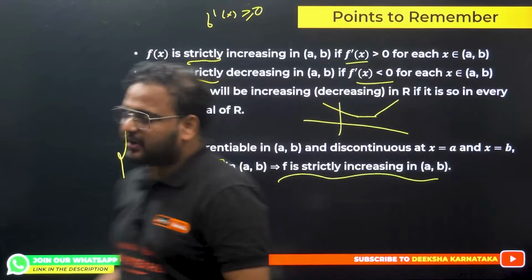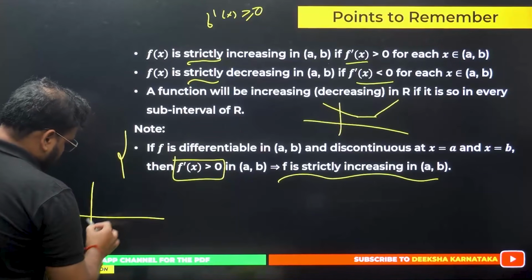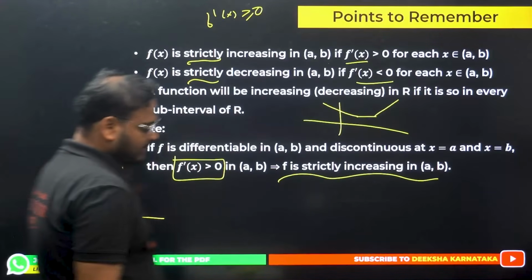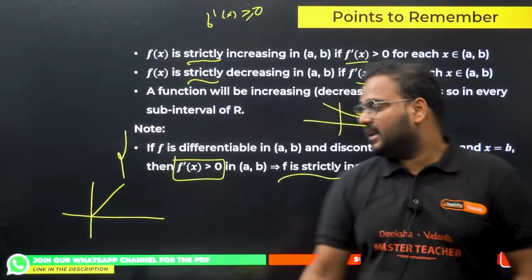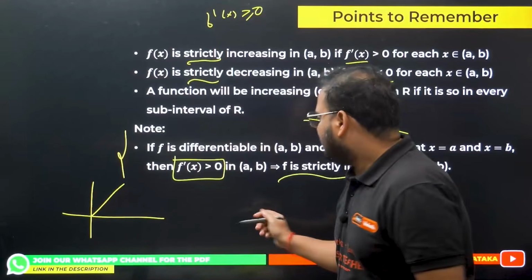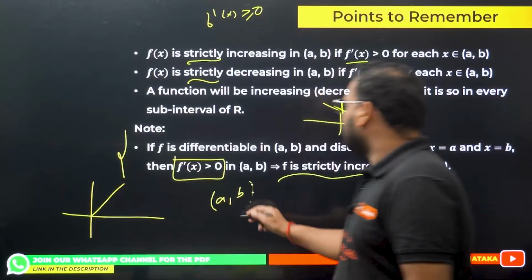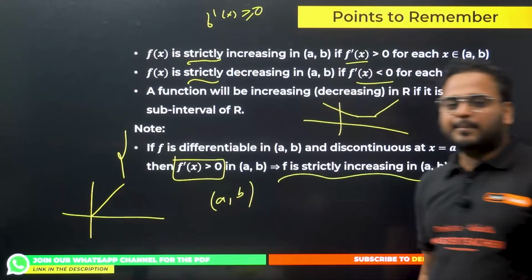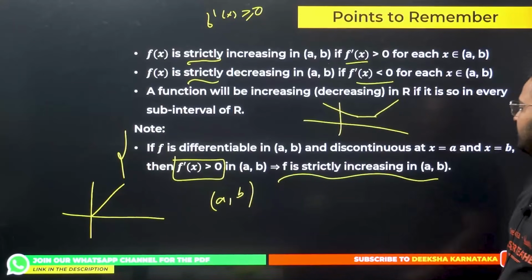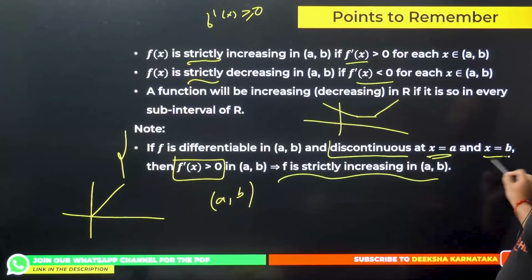It means that if you take an interval over here, let me draw this function for you. This is the function given to you. What they're saying is, at the boundaries, you define a function like this. The domain is, let's say, (a, b), and in the domain (a, b), at points a and b, the function is discontinuous. It is not continuous at x equals a and x equals b.